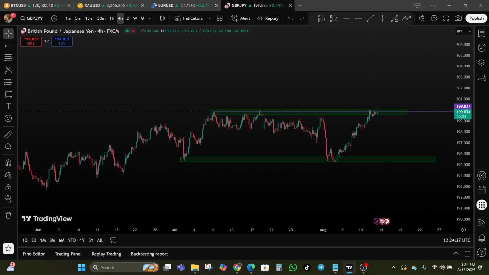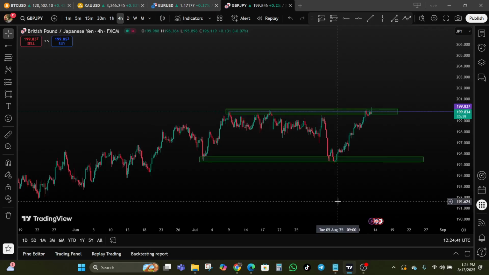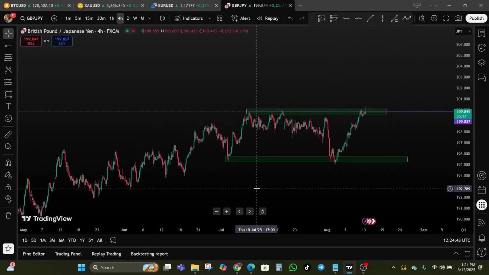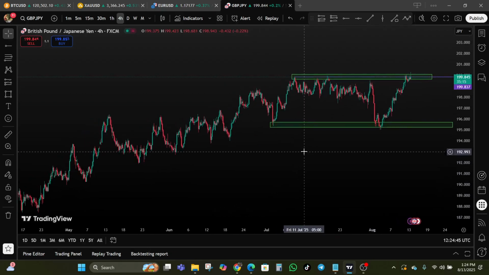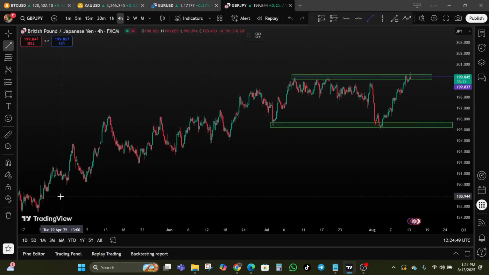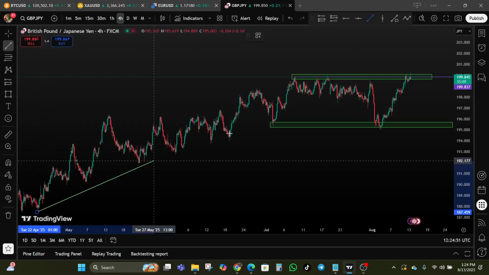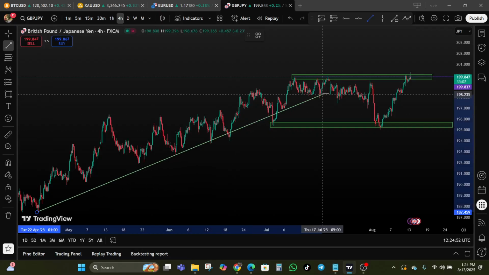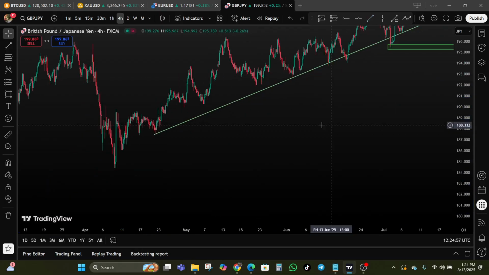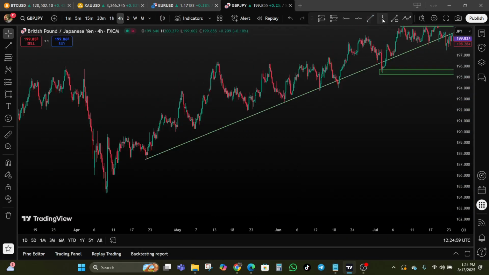Now, market structure is simply how price moves in waves, creating higher highs and higher lows in an uptrend, or lower highs and lower lows in a downtrend. In this particular context, we can see that we have an uptrend. You can see price has been trending upwards, with the formation of higher highs and higher lows.